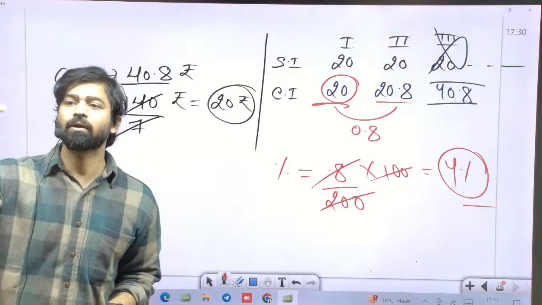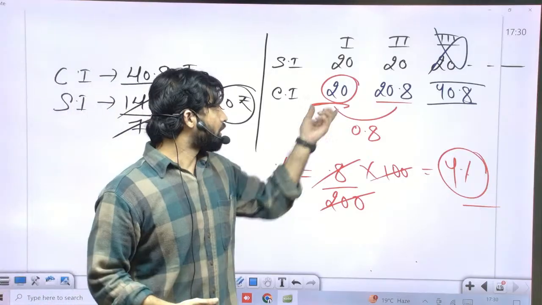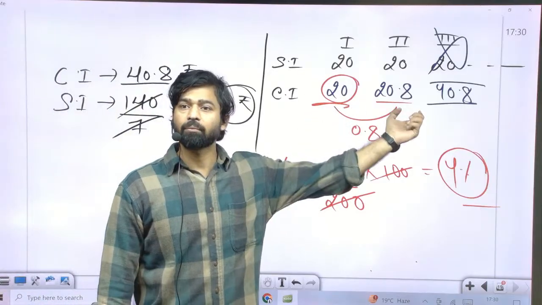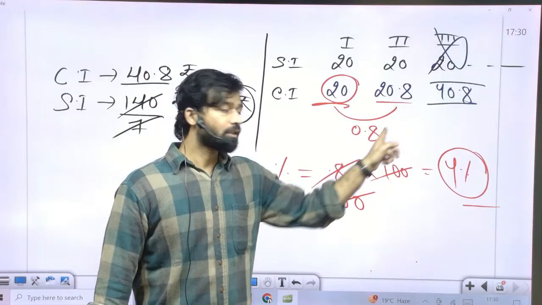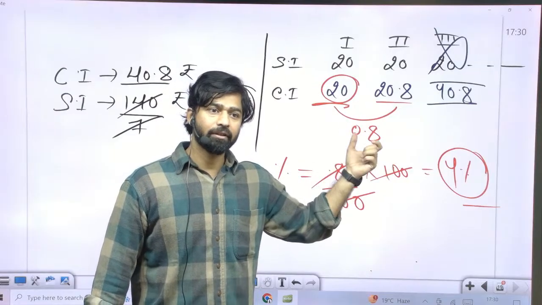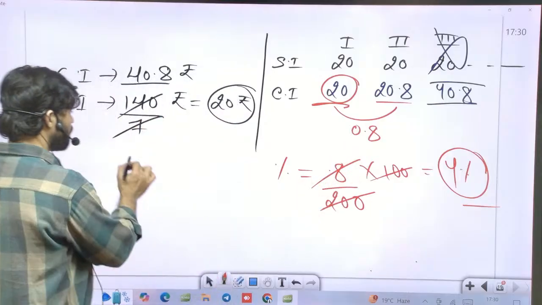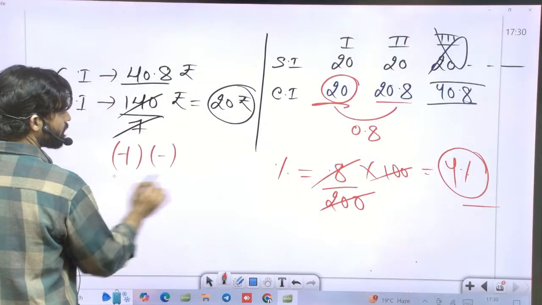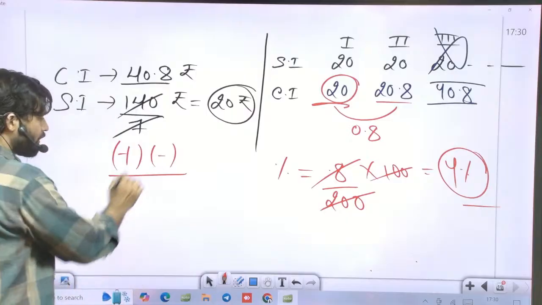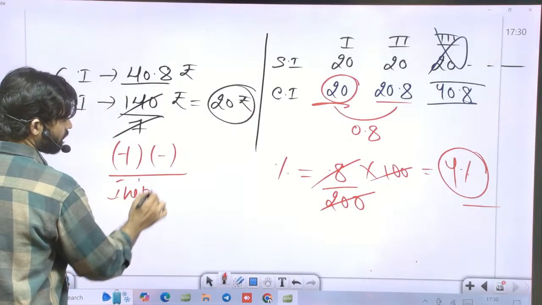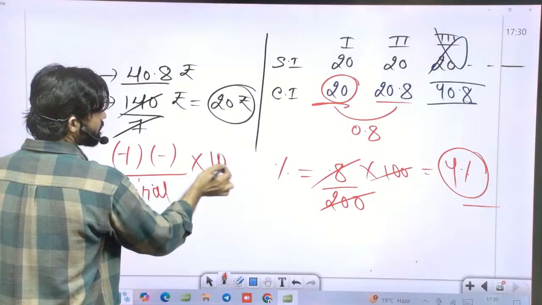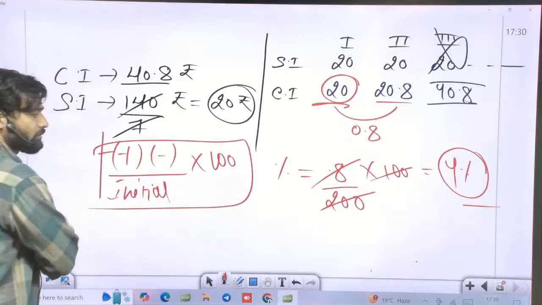Understand it by the number format. Initial number is 20, final number is 20.8. So there is an increment of 0.8. So what we will do? We take that increase or decrease upside, and the initial value downside. And if we have to find the answer in percentage, multiply it by 100.